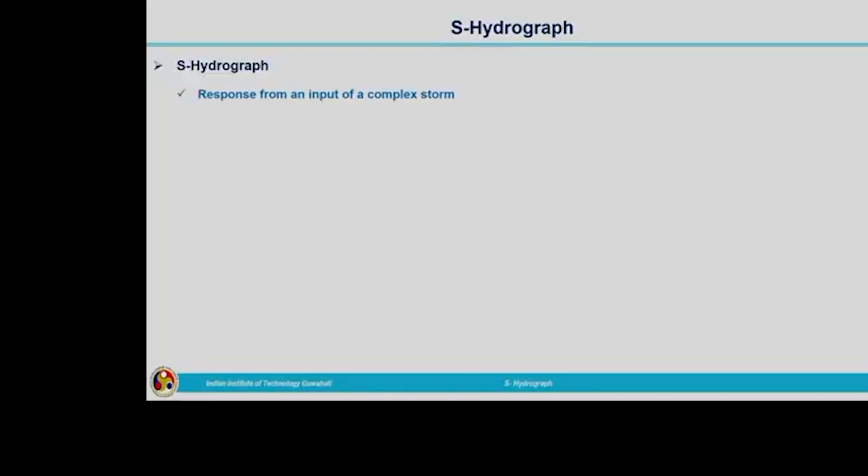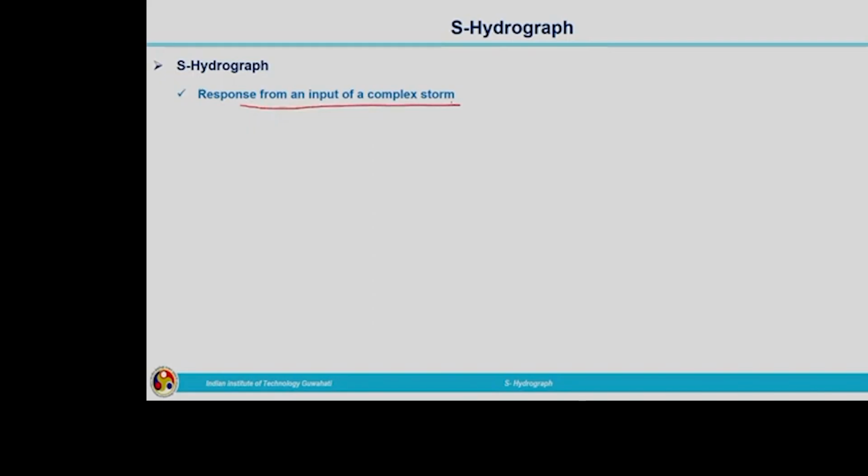The rate is constant, that is 1 by D centimeters per hour, but it continues indefinitely. That type of input we cannot experience in an actual catchment system because rainfall has a certain duration. It will not continue indefinitely. Now coming to the S-Hydrograph, it is the response from an input of a complex storm.